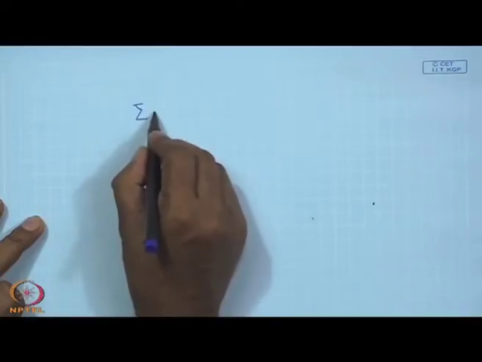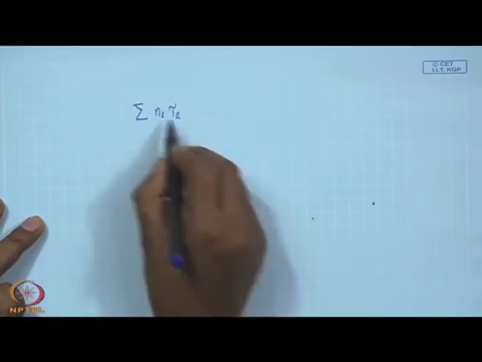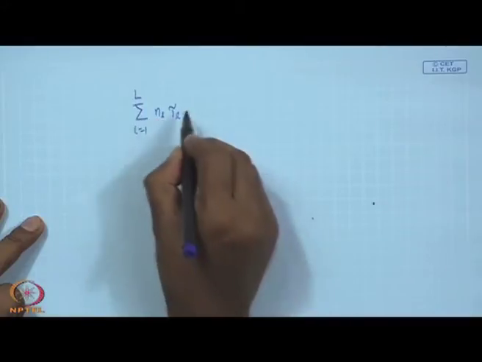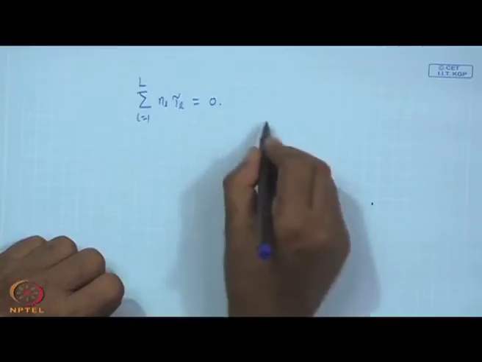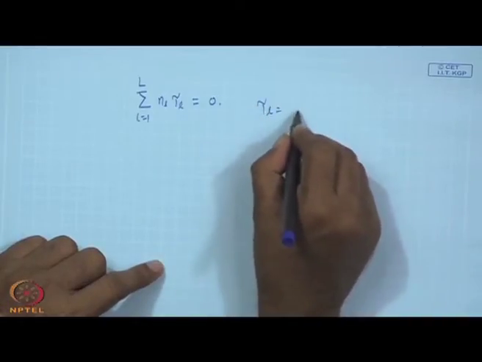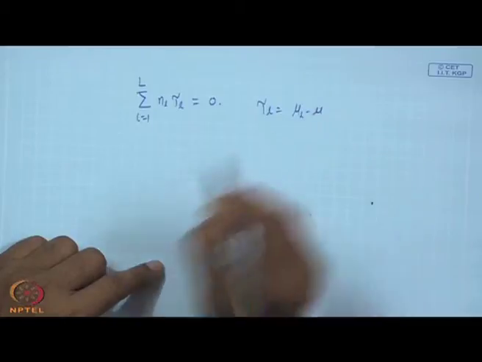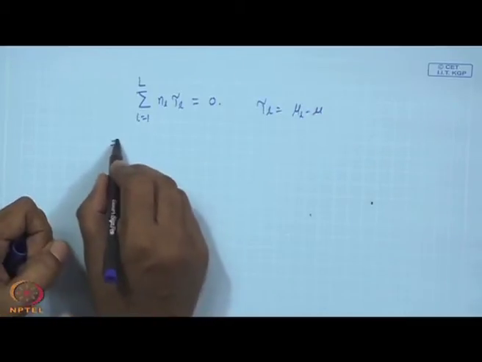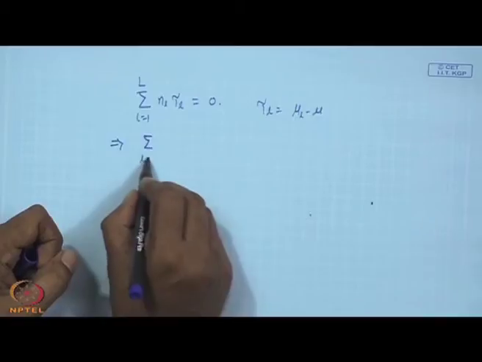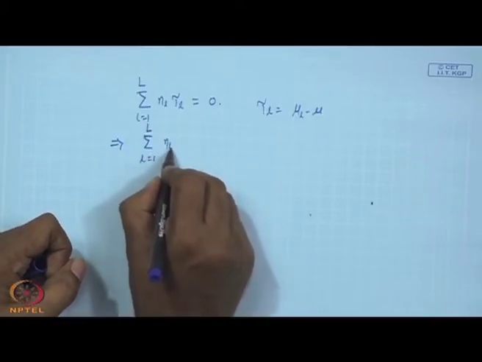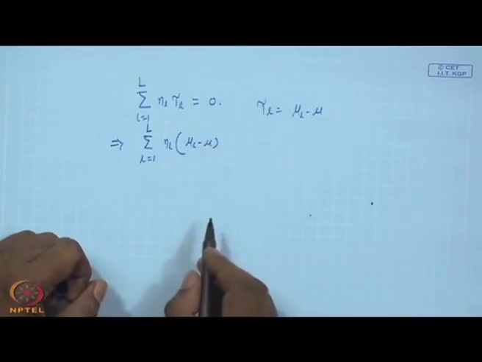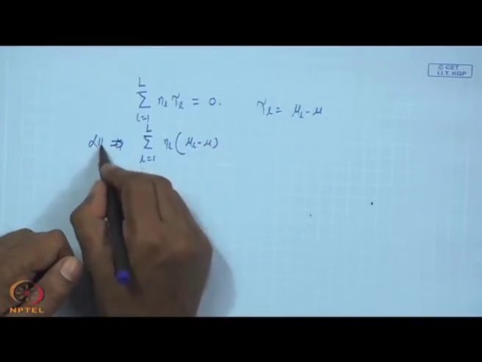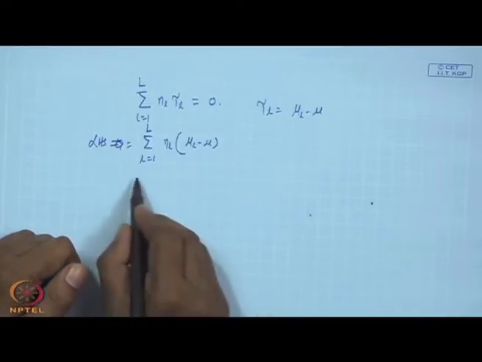We are saying that the sum total of N L tau L, L equal to 1 to capital L, is 0. You see, what is tau L? Tau L is mu L minus mu. So, if you write down here the sum total of L equal to 1 to capital L, N L into mu L minus mu, the left hand side, what will you get here?